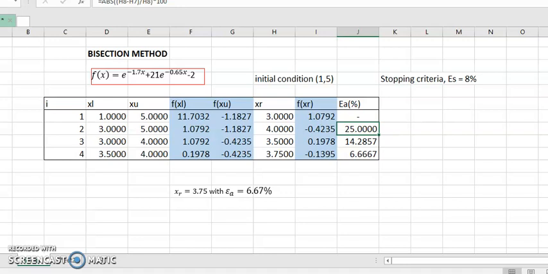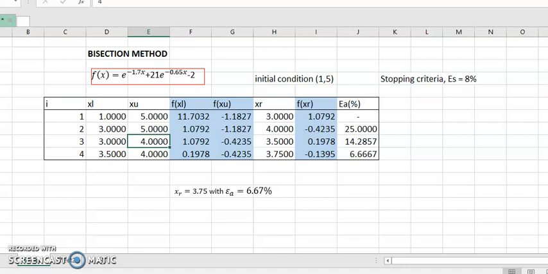So for the third iteration, your f of XR here, the sign is negative. So this sign is the same as the sign of f of XU. So for the next iteration, you must replace your XU with the new value of XR, which is 4.